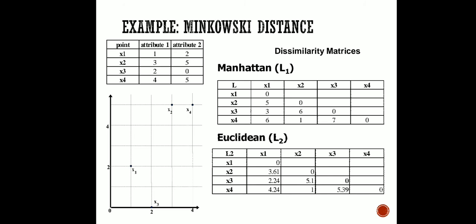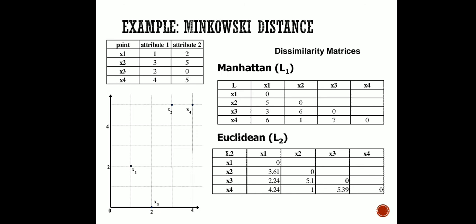Okay, so again let us revisit that example. You can see here, if we use this Minkowski form, the data matrix is above the graph. The first point is 1, 2 and the second point is 3, 5. So the distance between x2 and x1 will be 3 minus 1 plus 5 minus 2 according to the formula, because there are two attributes only.